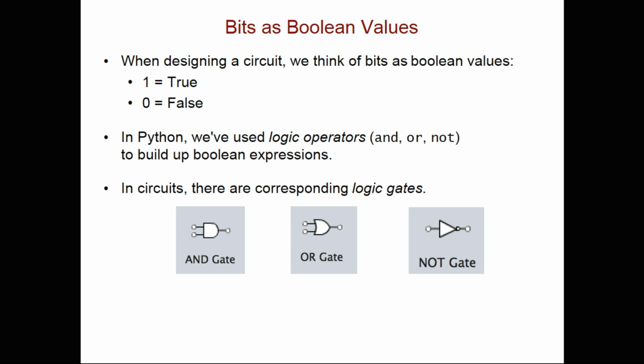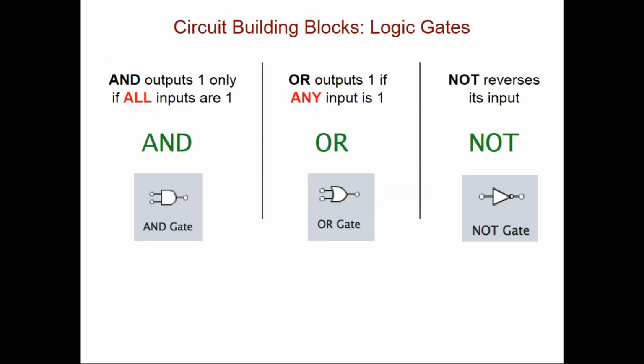In circuits, we have logic gates that perform these logical operators. The AND gate produces 1 as output if all the inputs are 1. The OR gate produces 1 as output if any of the inputs is 1. And the NOT gate reverses the input.